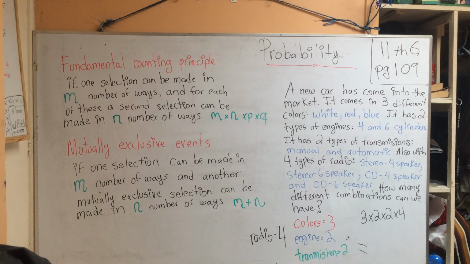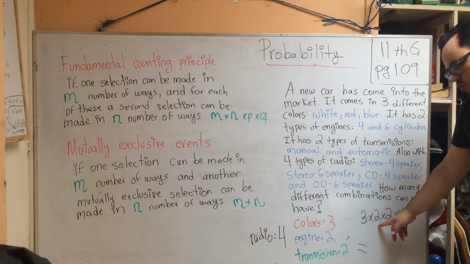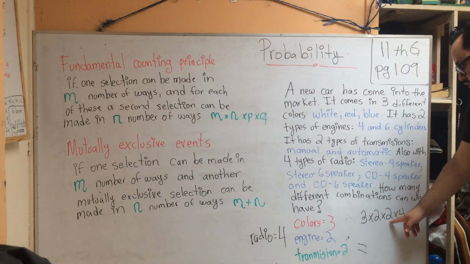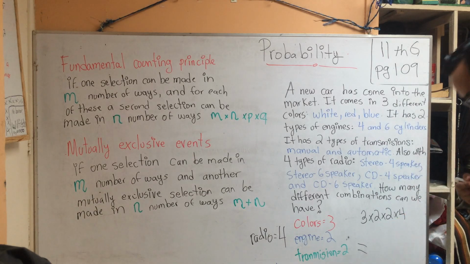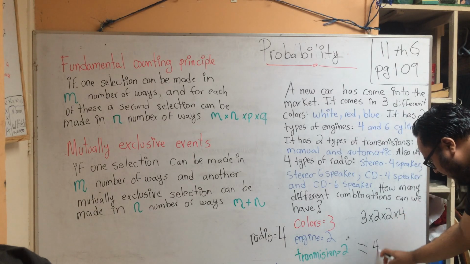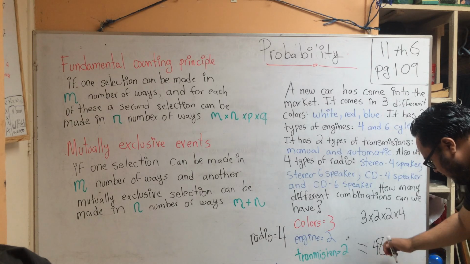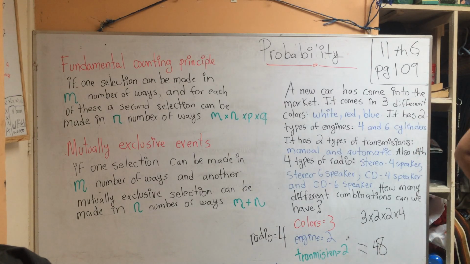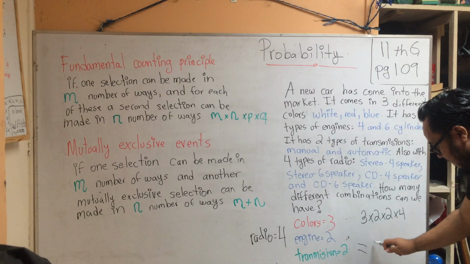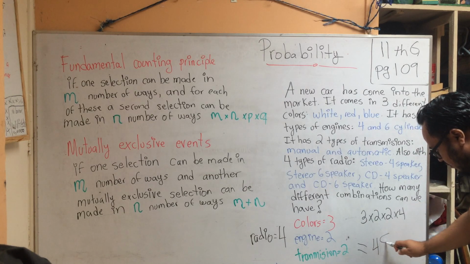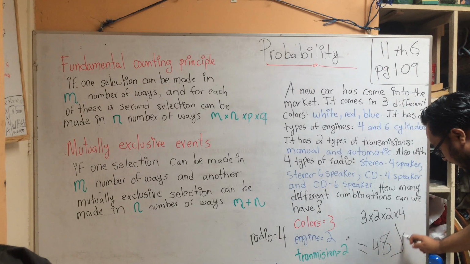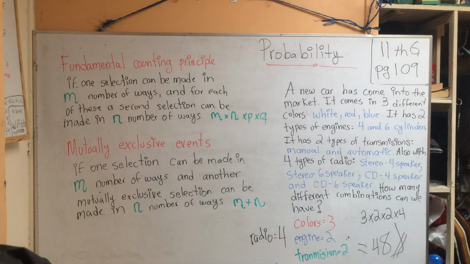If we solve this multiplication, we're going to have the total number of combinations. So we have 3 times 2 is 6, 6 times 2 is 12, and 12 times 4 is 48. Okay, so we have a total of 48 different combinations.